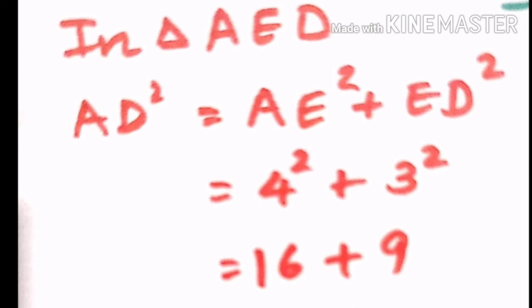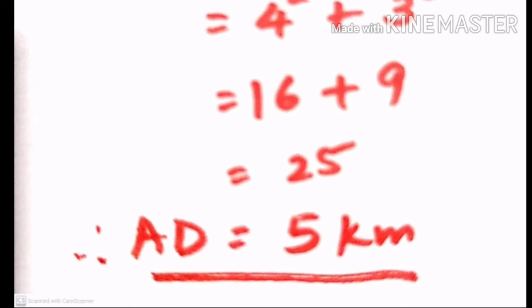Now substitute the value, AE 4 and ED 3. So 4 square 16 and 3 square 9. And by taking calculation we get our AD value. So here 16 plus 9 is 25, and then taking square root on both the sides, AD is equal to 5 kilometers. So you can say, students, that he is 5 kilometers far from his starting point. This is our final answer.